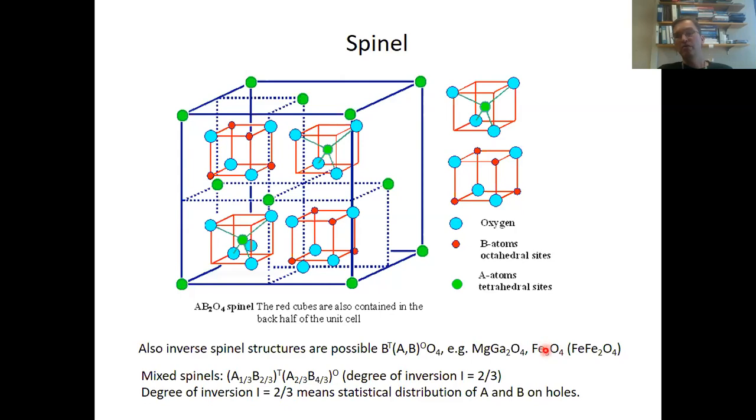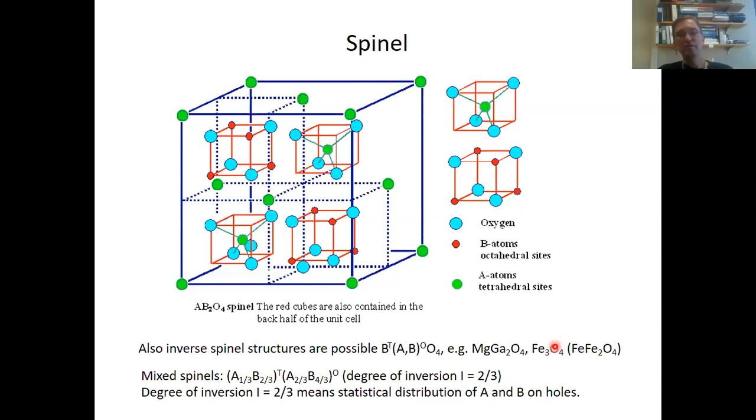Okay, and in this case, well, the iron-3 would occupy all the tetrahedral holes available in the Spinel structure, and the remaining one would go in the octahedral holes, and all the A atoms, that would be iron-2 plus, would occupy the remaining octahedral holes. Okay, so such an inverse Spinel structure you have when the B atoms have a particular affinity for the tetrahedral holes.